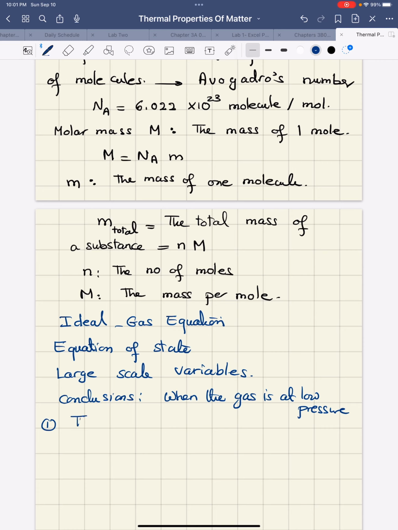The volume V is proportional to the number of moles n.